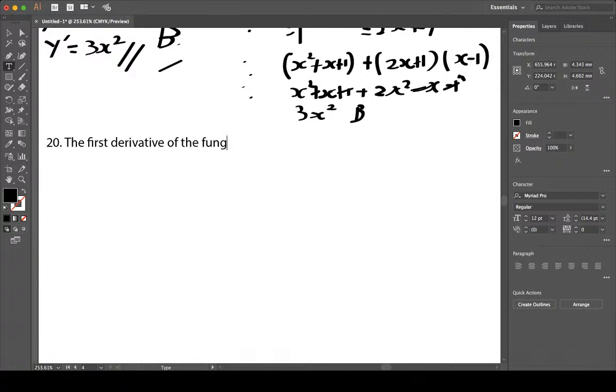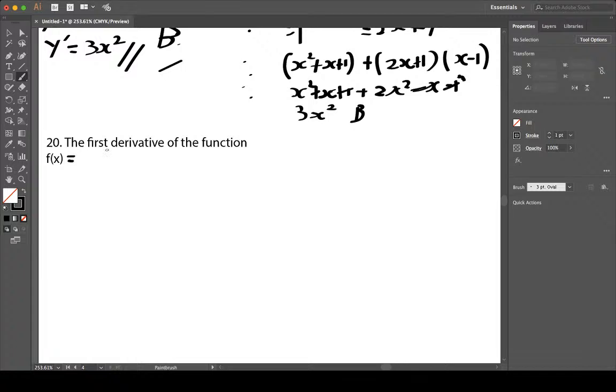Let me enter that function: f of x equals 4x squared plus 3x plus 5, multiplied by x cubed minus x plus 1.